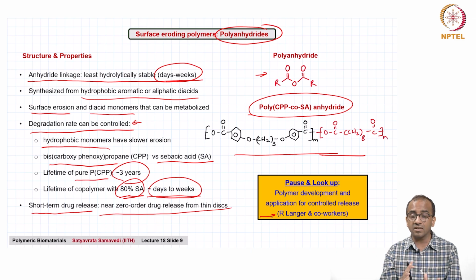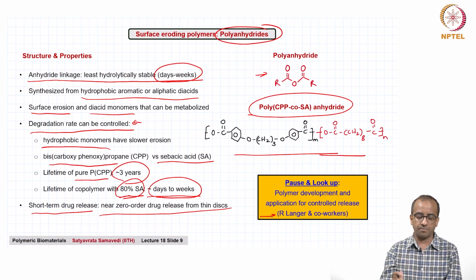It is a very interesting period in biomaterial development where many of these polymers were developed for controlled release applications, both surface eroding and bulk degrading. And here we are looking at surface eroding polymers.